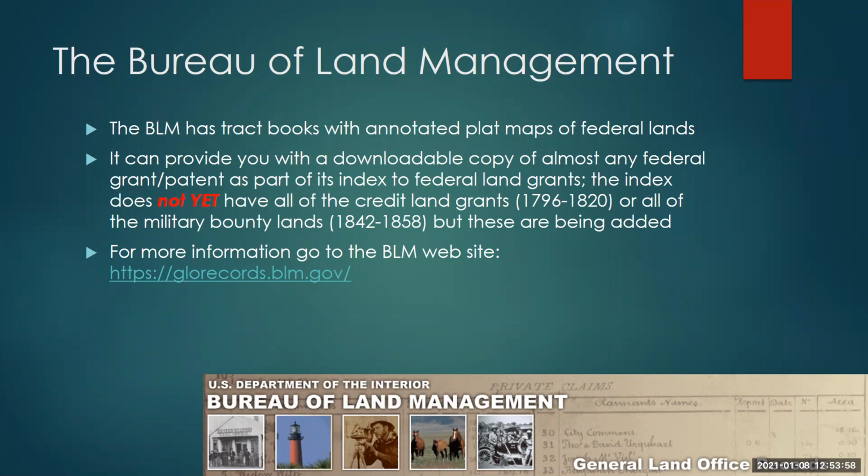If you can find the patent and the patent says military, then they'll have the numbers and everything will be just fine. The good thing about this is ultimately we're going to have two different indexes to the military bounty land records: the Bureau of Land Management's patent index, and the National Archives index as well.